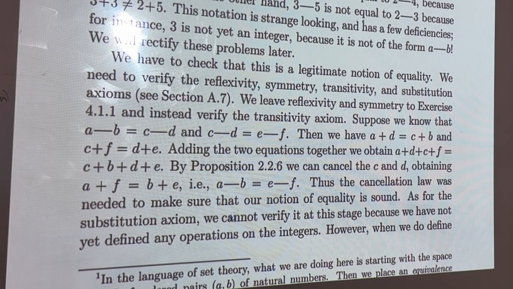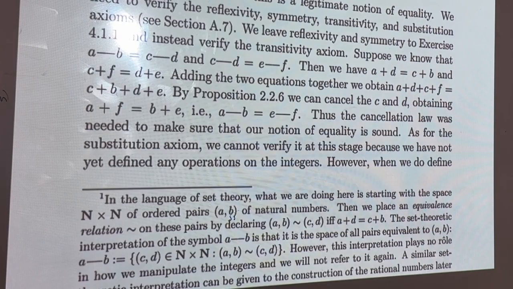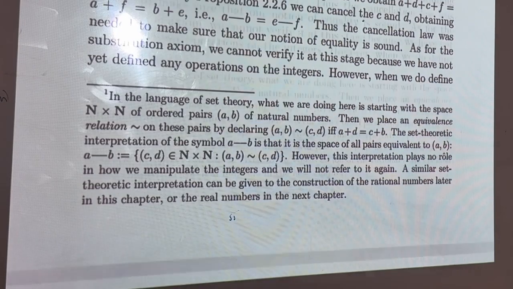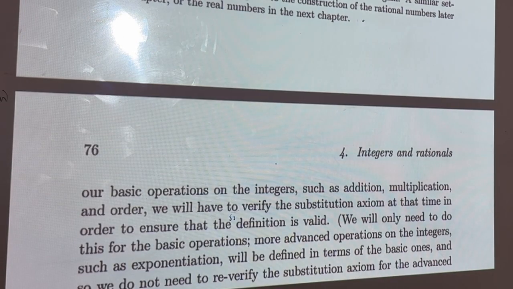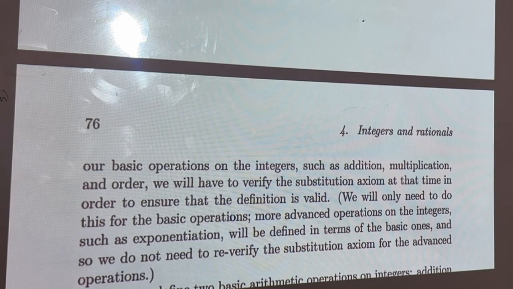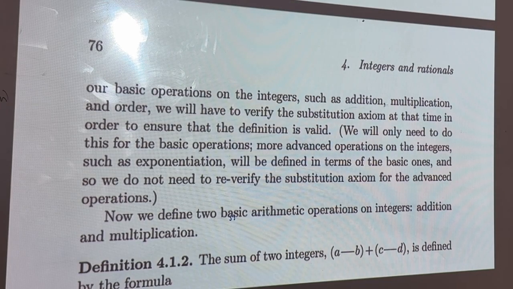As for the substitution axiom, we cannot verify it at this stage because we have not yet defined any operations on the integers. Without having any integers, we cannot do anything. However, when we do define our basic operations on the integers such as addition, multiplication and order, we will have to verify the substitution axiom at that time in order to ensure that the definition is valid.